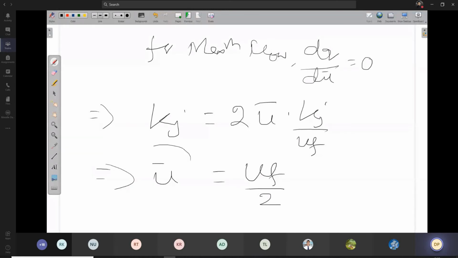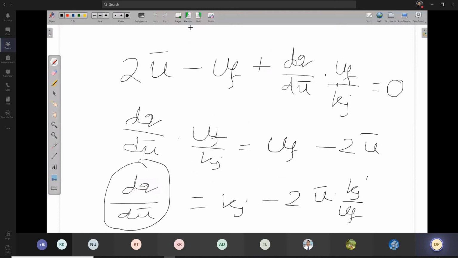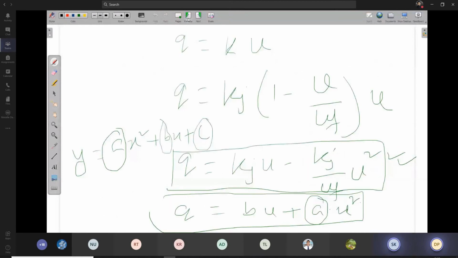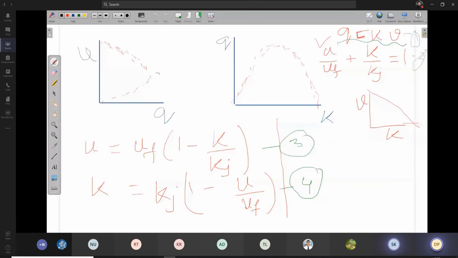What is this u bar? Whenever the flow is maximum, what does this u bar indicate? If you see the graph here, at what location is the flow maximum?